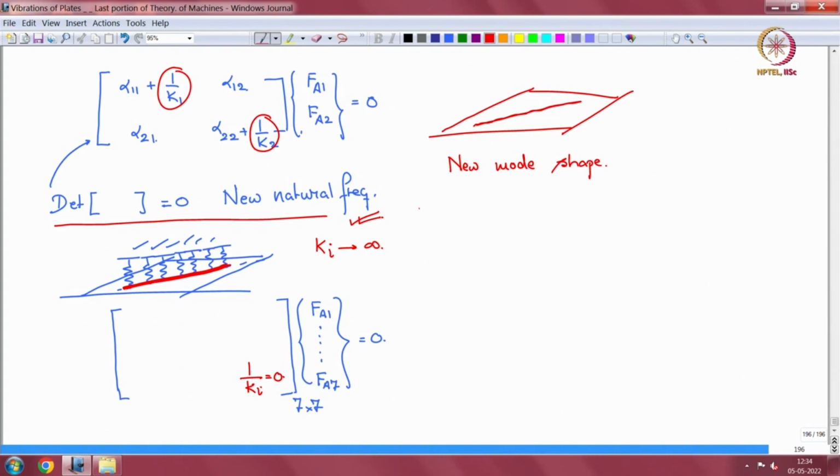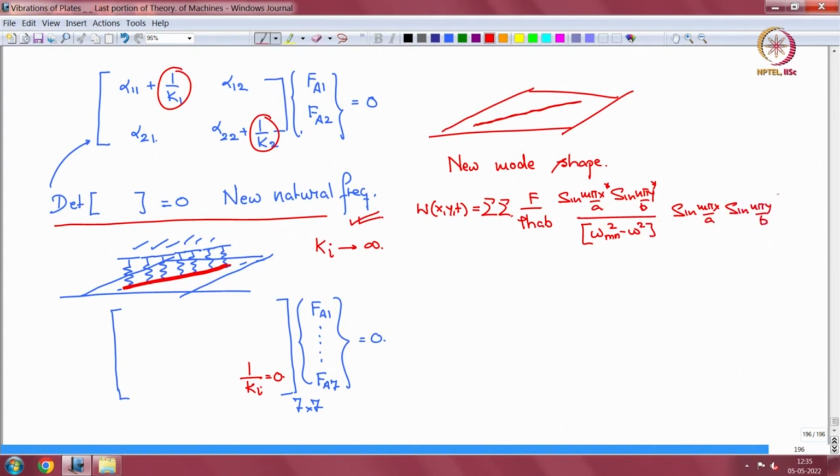First of all, the response of the plate is a double sum, force over rho h a b, times the mode shape at the applied location, sine m pi x star by a sine n pi y star by b, divided by omega mn square minus omega square, into the mode shape sine m pi x by a sine n pi y by b, e to the power j omega t. So now how to find the mode shape?